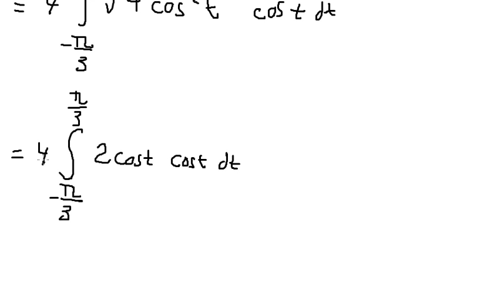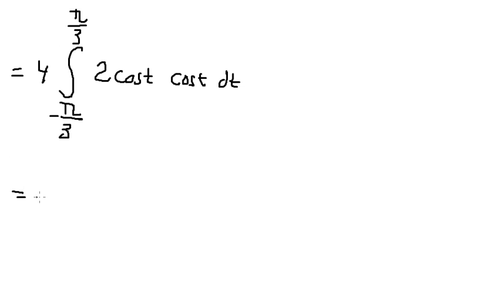So 2 and 4, we have 8. Cosine t times cosine t, we have cosine t squared.